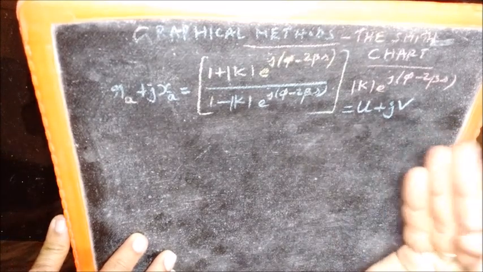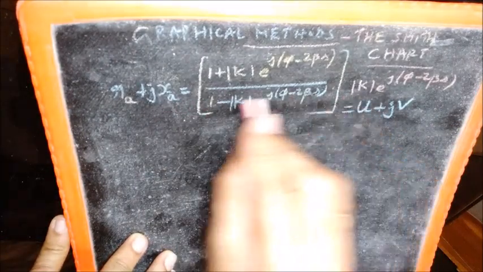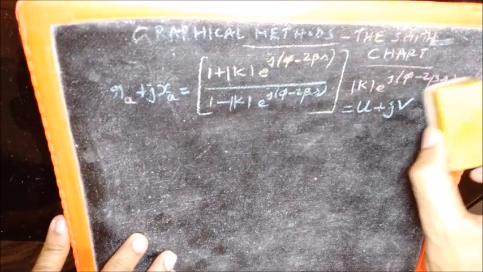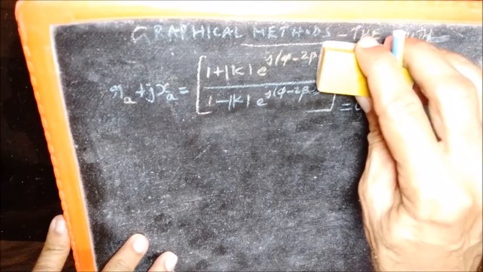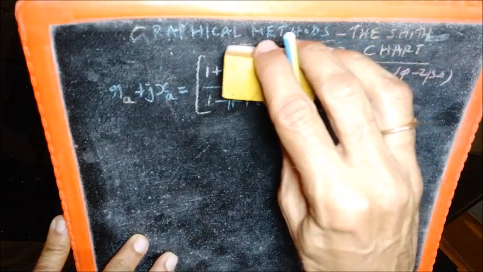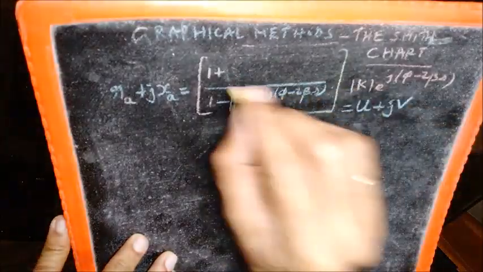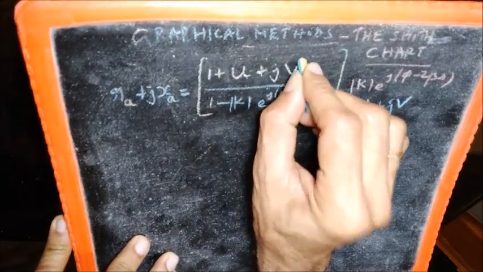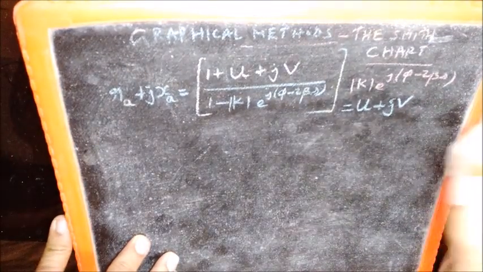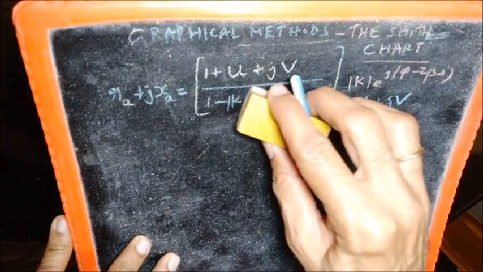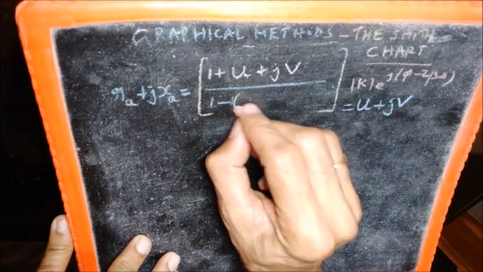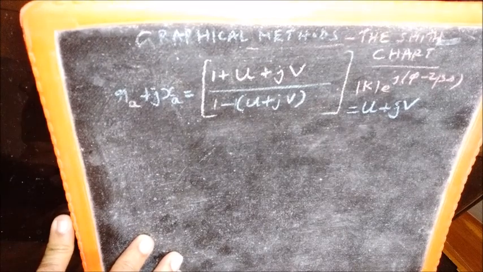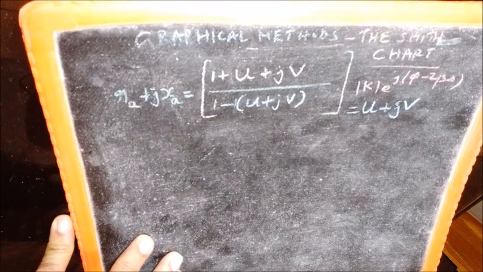Which means that, since we are expressing it like this, the equation for the normalized impedance can be expressed as 1 plus U plus jV over 1 minus U plus jV.